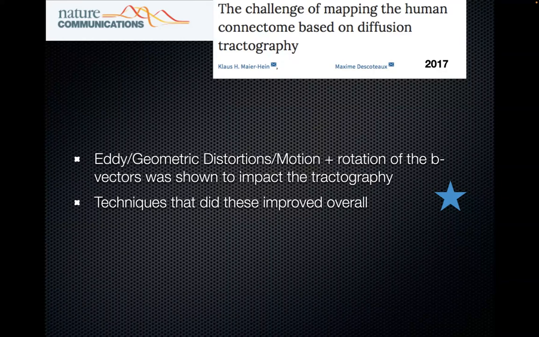We proved it. Out of all these, and this was a challenge and a competition, out of all the submissions of tractography where they didn't correct eddy or distortions or denoise, the resulting connectome was worse than if you do apply these techniques. So they're really important, especially if you're going all the way down to the connectomics.